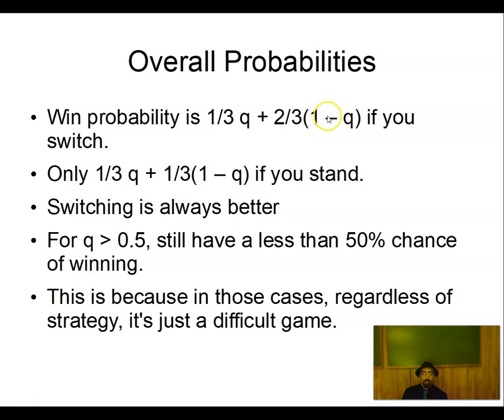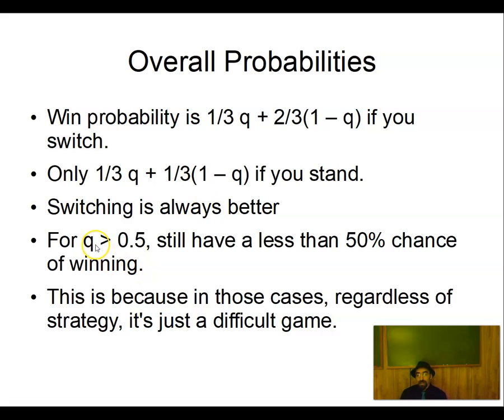Plus 1 minus q that the game continues, in which case there's a 2/3 chance of winning if you switch. Compare that to 1/3 q of winning by immediate endgame, plus 1/3 (1 minus q) if you decide to stand. Comparing these two numbers, switching is always better.